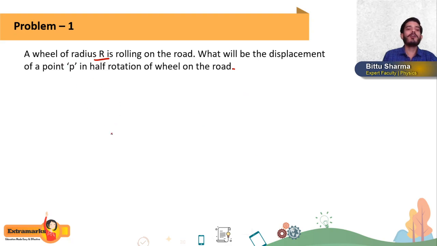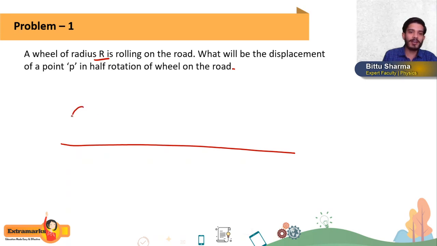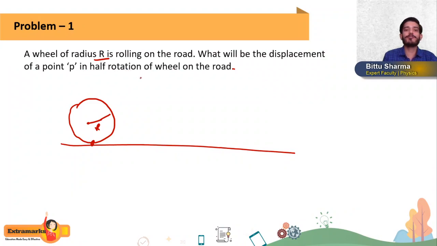So what are they saying? A wheel of radius r is rolling on the road. So let us say this is a road, and here we have a wheel of radius r. Now, what is the displacement of a point P in half rotation of the wheel on the road?